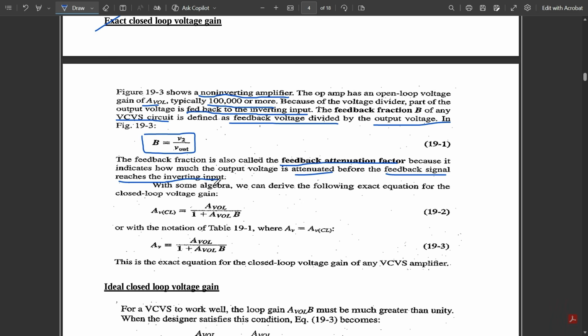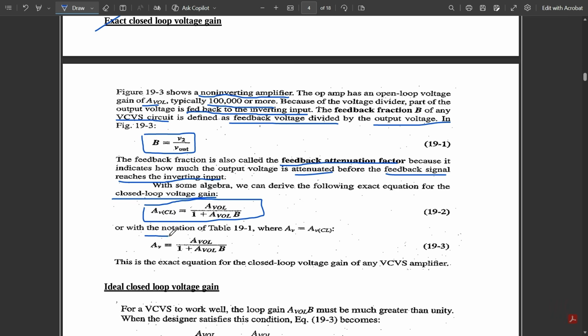With some algebra we can derive the following exact equation for the closed loop voltage gain: AV of CL is equal to AVOL, that is the open loop gain, divided by 1 plus AVOL times beta.